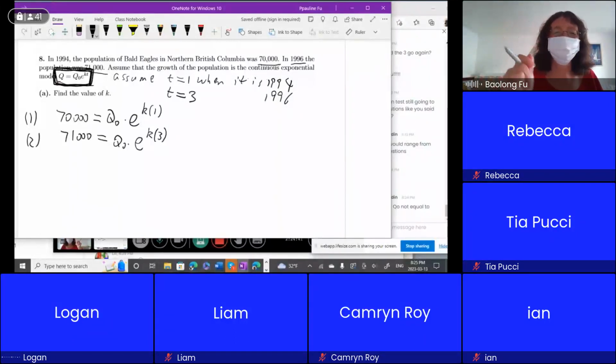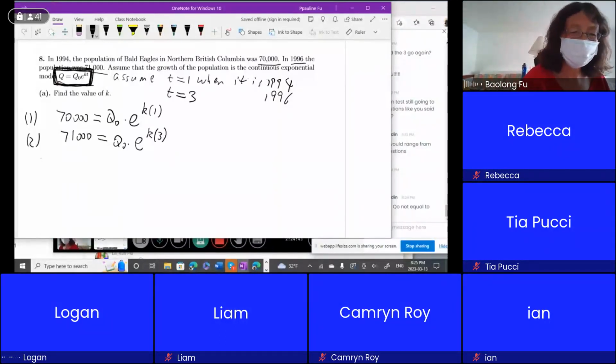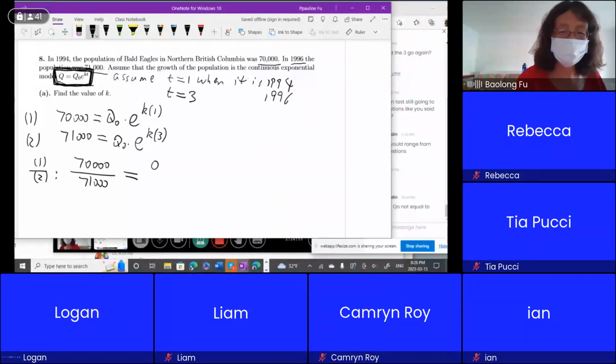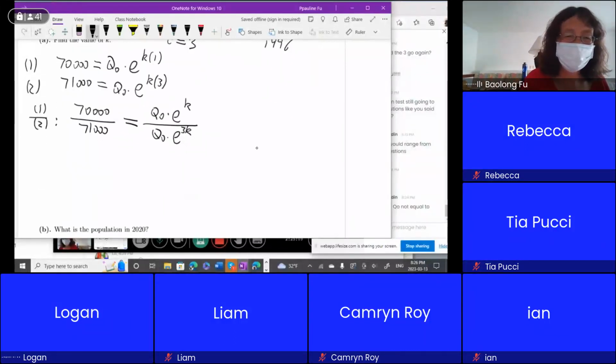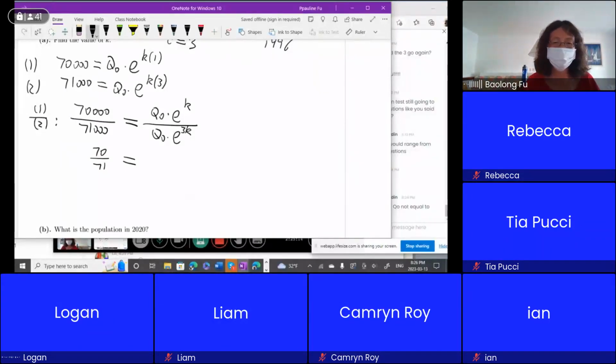Other questions? Okay, now we use equation 1 divided by equation 2. Left-hand side, you got 70,000 divided by 71,000. Right-hand side, you got Q0 E^K over Q0 E^(3K). Left-hand side simplifies to 70 over 71, the 000 cancelled out. Right-hand side, Q0 cancelled out.